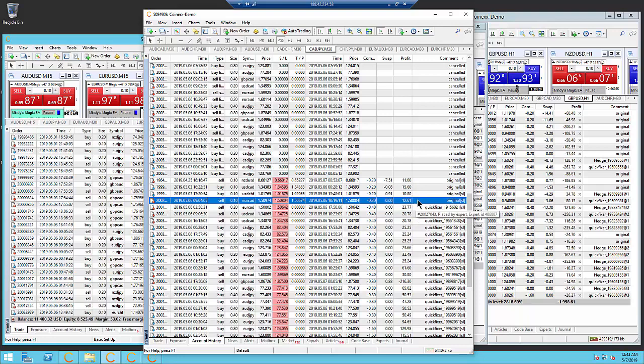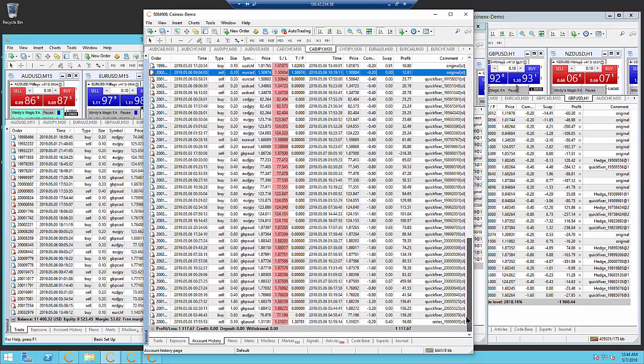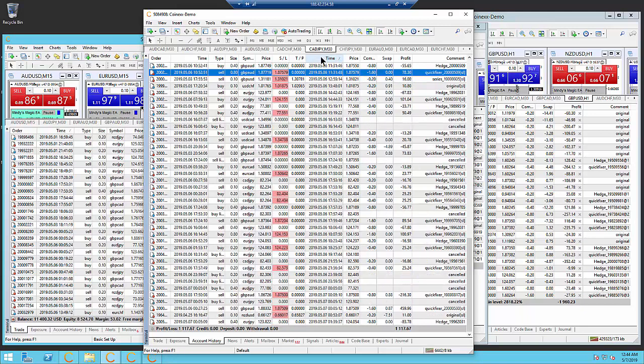So if those were the only trades that closed today, we'd be sitting here looking at a profit of about $45 to $50. But instead, we're looking at a profit on the trading day of $1,117. Okay? So this is the beauty of the EA.